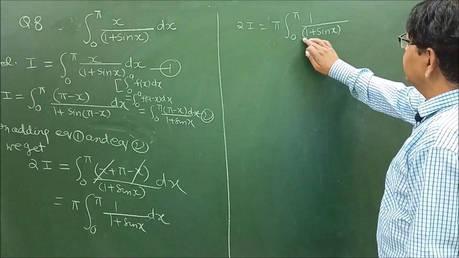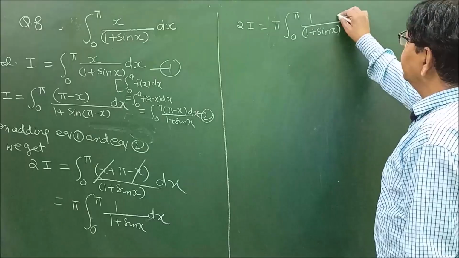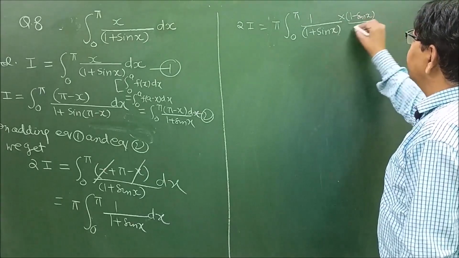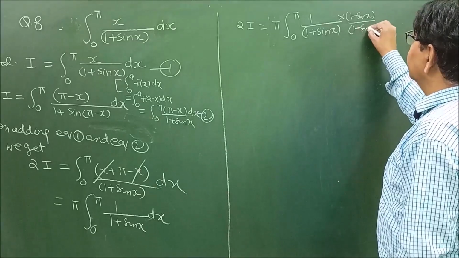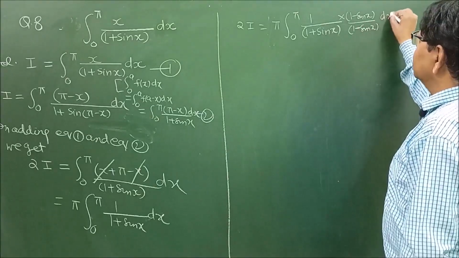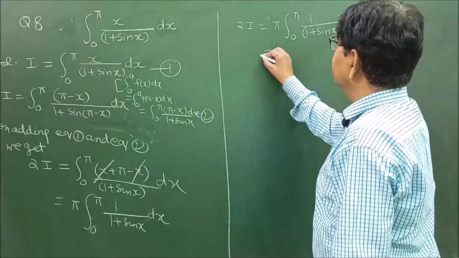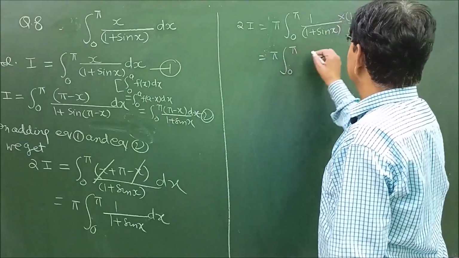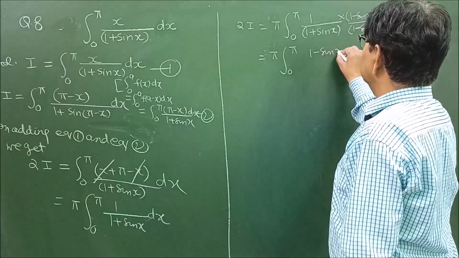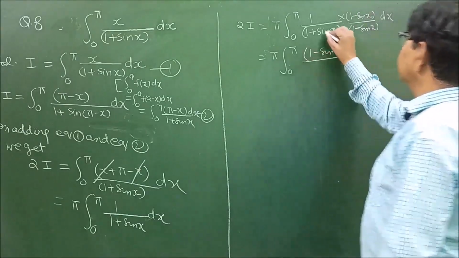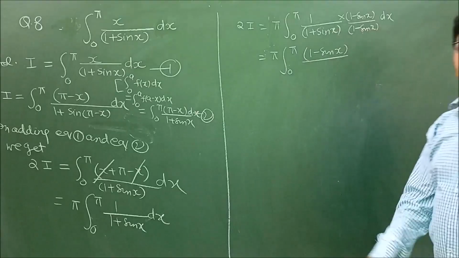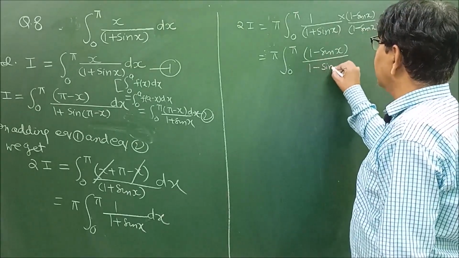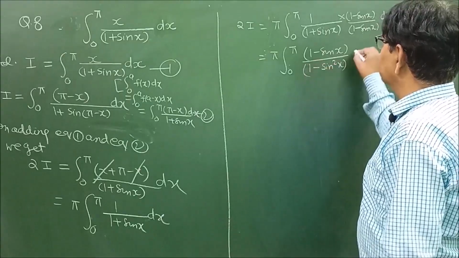First let us remove the denominator. So multiply by 1 minus sin x and divide by 1 minus sin x dx. So this is equal to pi, 0 to pi limits, 1 minus sin x upon 1 plus sin x into 1 minus sin x, which is equal to 1 minus sin square x, dx.